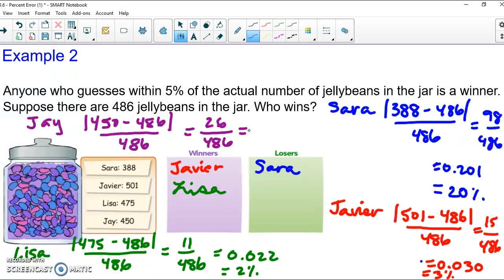Oh, I'm sorry, calculation error here. No wonder we're not coming out right. So 36 rather divided by 486. And Jay comes out to be about 7%. So Jay's percent of error was a little too high. He wasn't within 5%. So Javier and Lisa are the big winners.